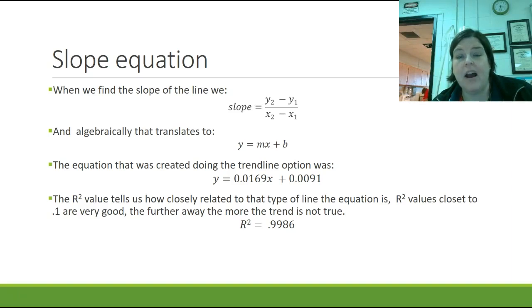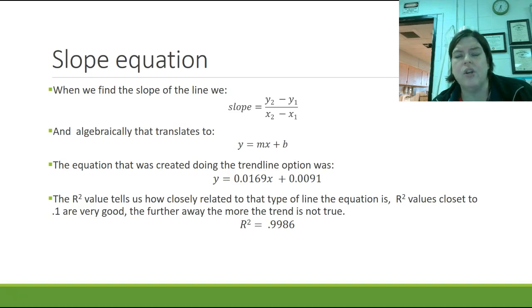Anything above 95 is excellent. 99 and above is outstanding, wonderful stuff. Anything above 90 we accept depending on the data and how it was collected and what kind of data we've collected. But anything less than 90, we have to question whether or not that's a true line of best fit.